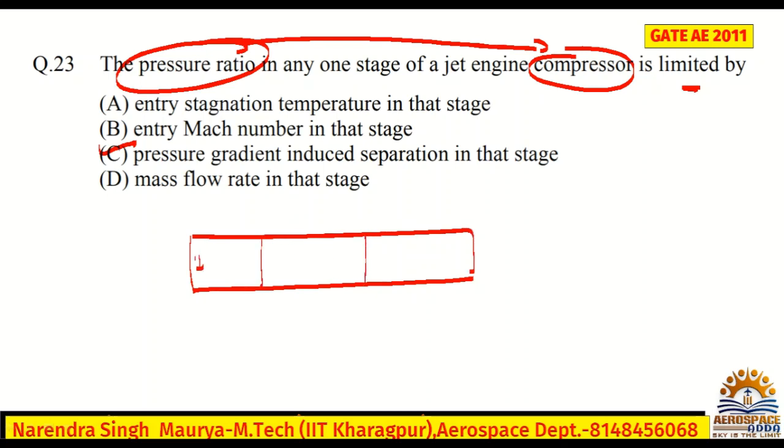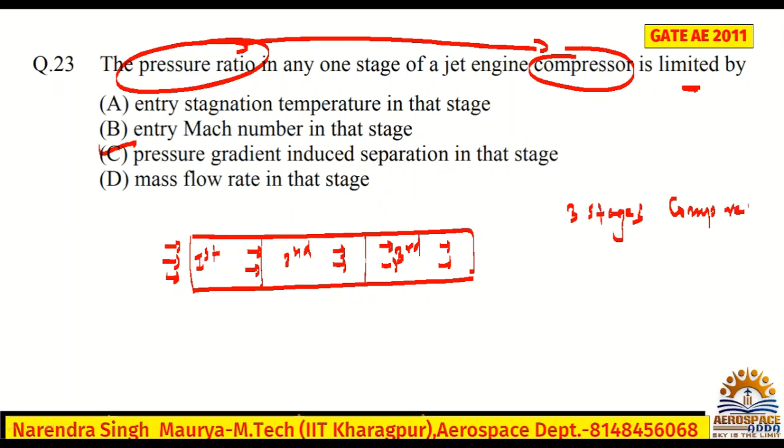First stage, this is the second stage, and this is the third stage. The air is moving in this way. So suppose here at the entry of the first stage of the compressor, I'm talking about a three stage compressor, so you can easily understand.